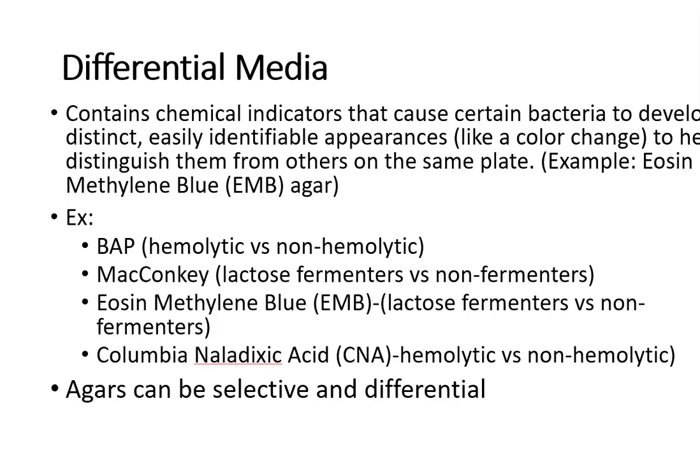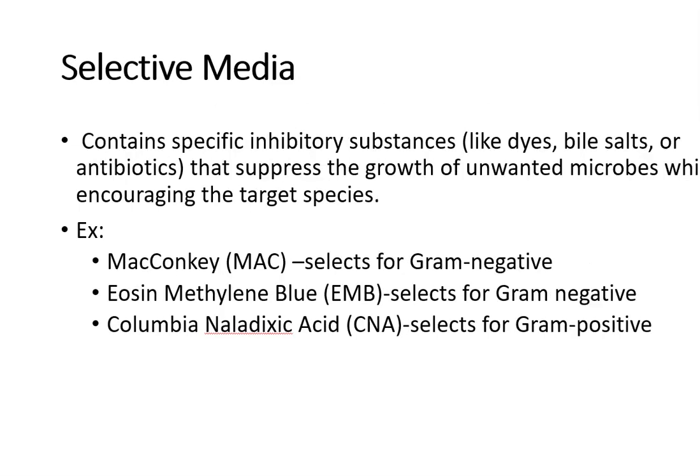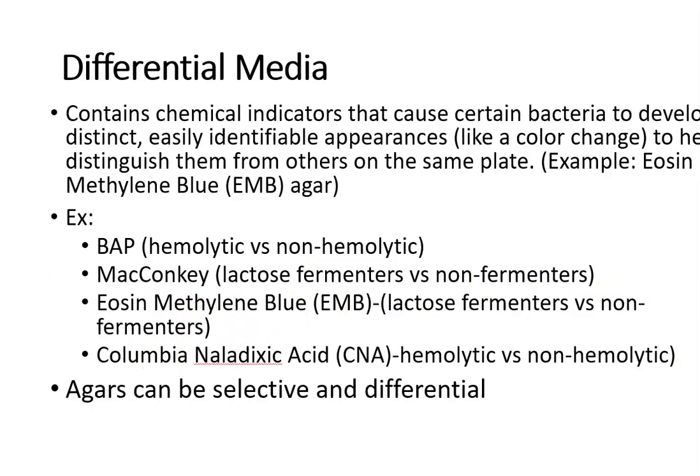So, for example, EMB that we talked about before, this eosin methylene blue, it selects for gram negatives, but it's what we call a selective and differential plate because it selects for the gram negatives, but also helps us determine lactose fermenters from non-lactose fermenters by color. Okay, same thing with MacConkey. It's a selective and differential.